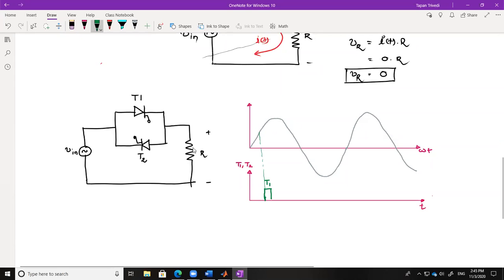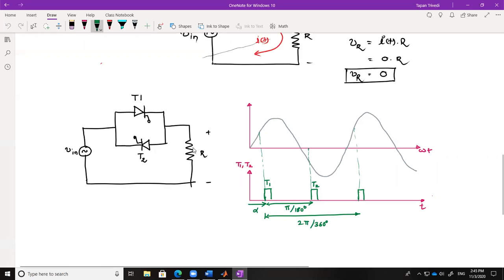Whereas T2 is fired here. Once again, T1 will be fired. So this angle is called alpha, and the duration between two consecutive firings is 2 pi. Whereas the duration between T1 and T2 is pi, or you can say 180 degree. This is 2 pi or 360 degree.